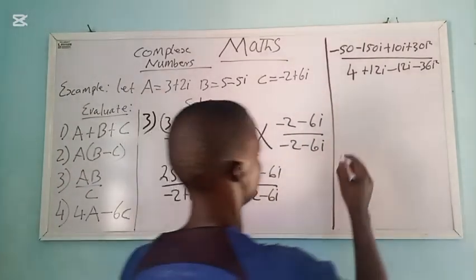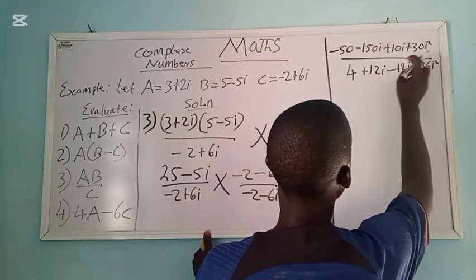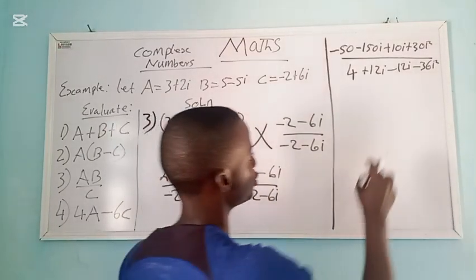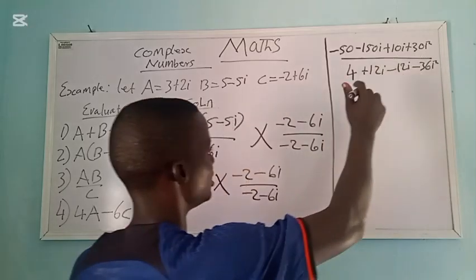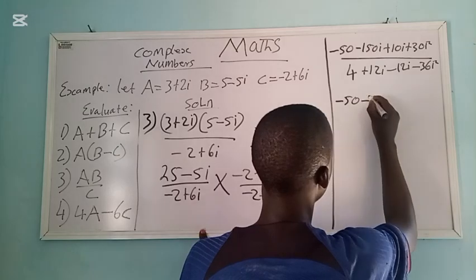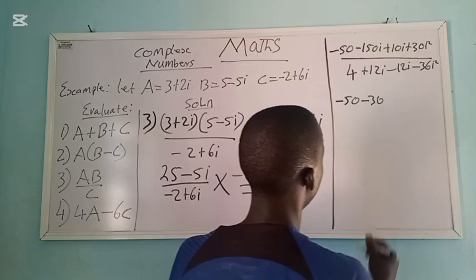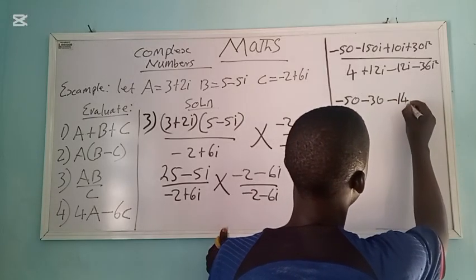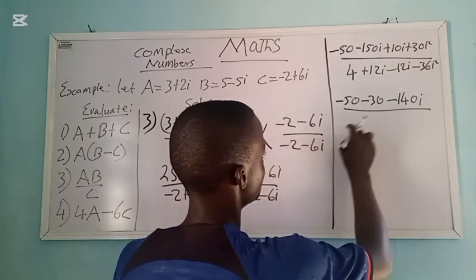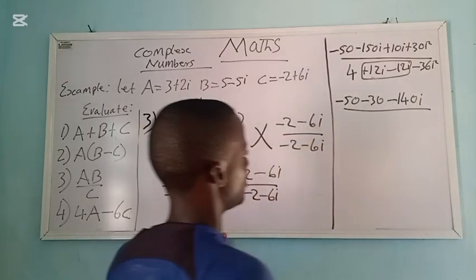So now let's break it down and see. Let's collect like terms. Now i squared is minus 1, so minus 1 times 30 will be minus 30. So now we have minus 50 minus 30. Then minus 150i plus 10i will be minus 140i. This one will eliminate, because 12i minus 12i will go.